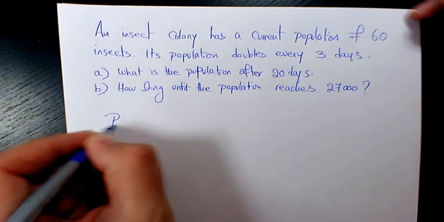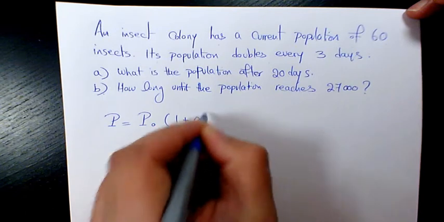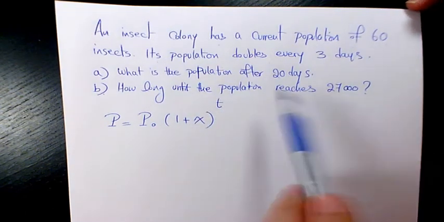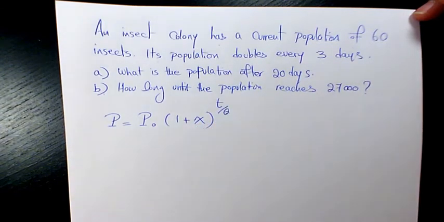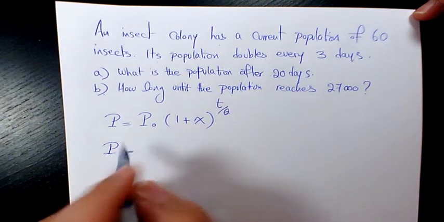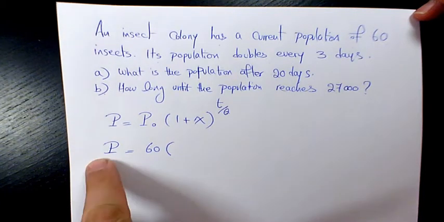So when I write the formula, P equals P naught times 1 plus x to the power of t divided by a cycle. In this example we have a cycle every 3 days, so we need to divide t by 3. The initial population was 60, and we need to estimate the population in the future.